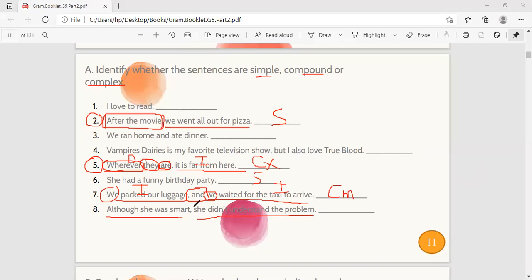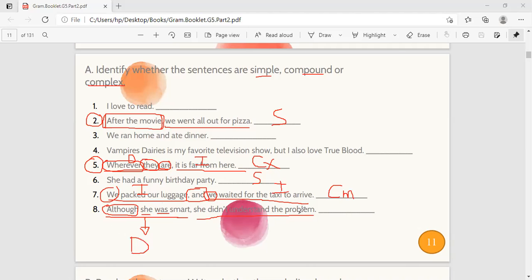Although she was smart. What does this make? Although is a subordinating conjunction. She is a subject, was is a verb, and I have an idea here, but it's not complete. So in this part, I have a subject, a verb, and an incomplete idea with a subordinating conjunction. It makes a dependent clause.